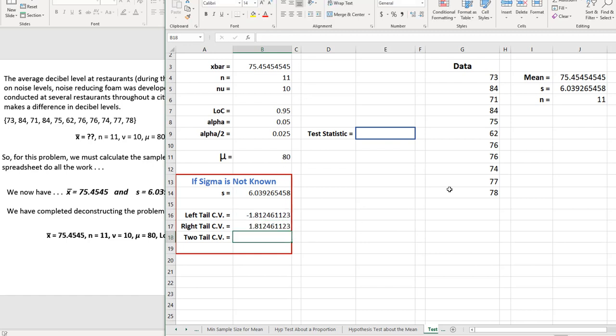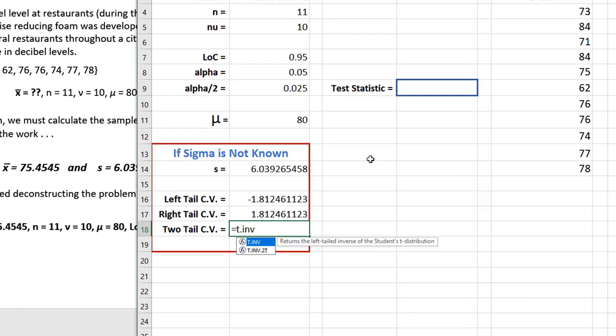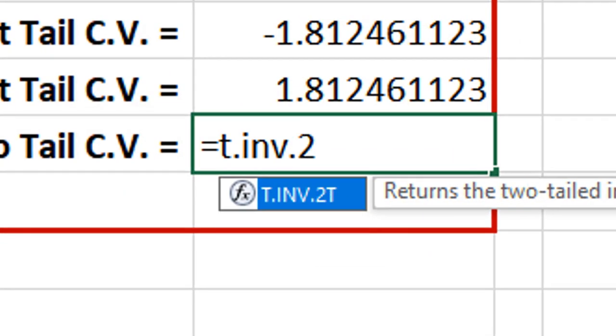For two tail with the t distribution, we do not use the alpha over 2 value, even though I have it shown right here. Instead, I use the alpha value, I just use a different function. I use the t.inv.2t function, equals t dot inv dot 2t, and you see all the way down here, that's what it says.